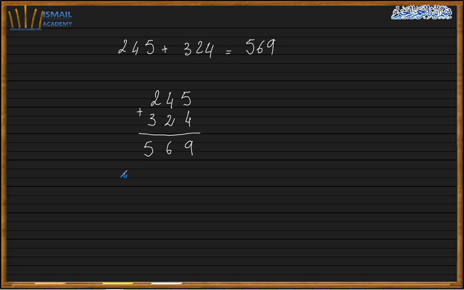Suppose I want to do this vertically to explain to you, 59. Here we have the ones under the ones, the tens under the tens, and I have 9 and 2. If I count with my fingers, I will have 11.